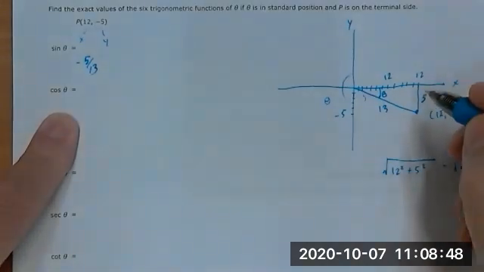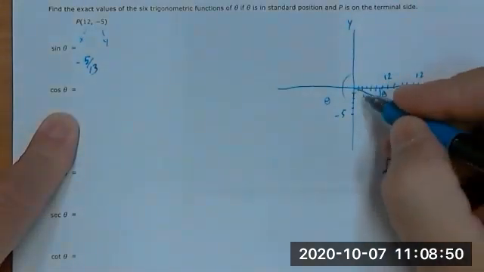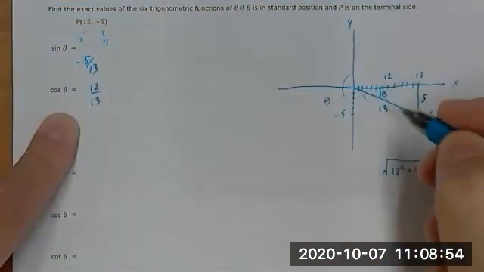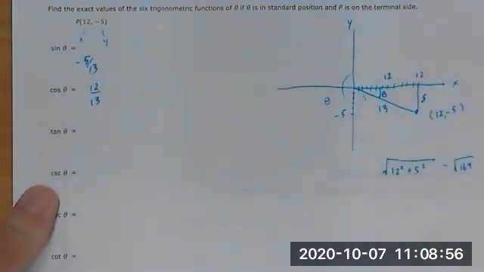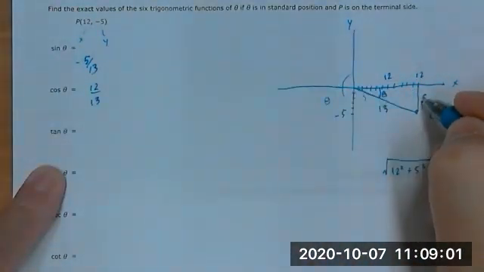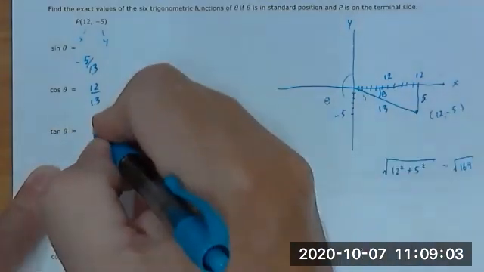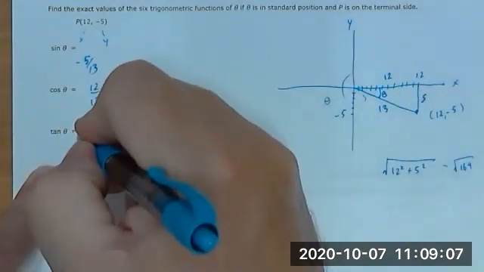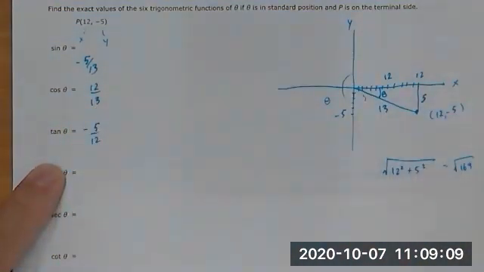Cosine, so CAH, adjacent 12 over hypotenuse. And in the 4th quadrant, the cosine is positive. Tangent, TOA, opposite over adjacent. And in the 4th quadrant, I know tangent is negative.